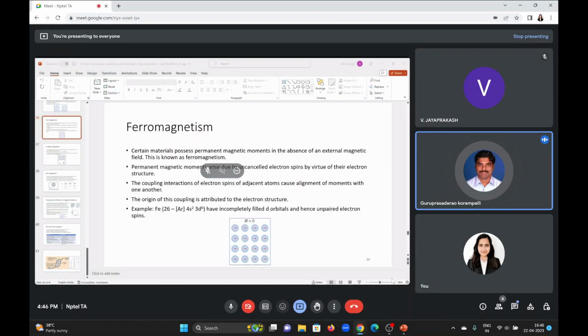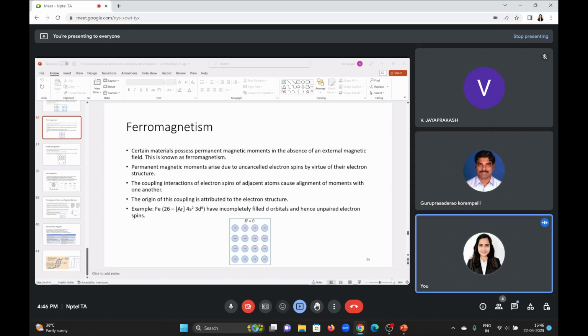One more question. What is the primary slip system of a BCC crystal? Okay, it should be 111 and 110.